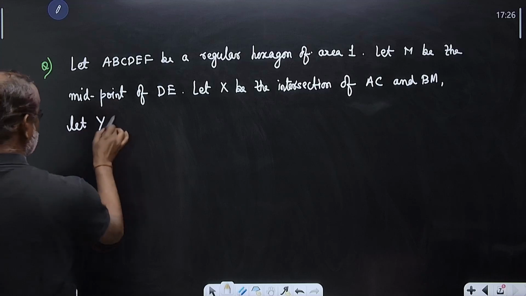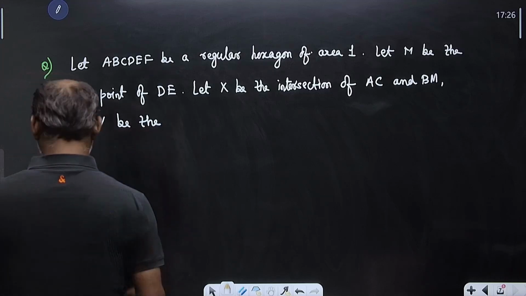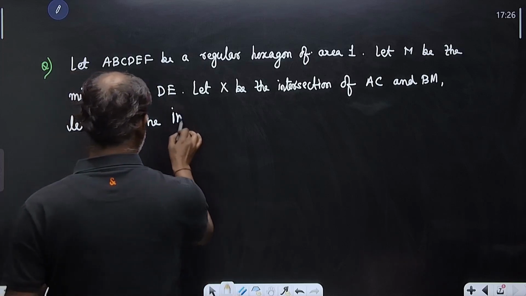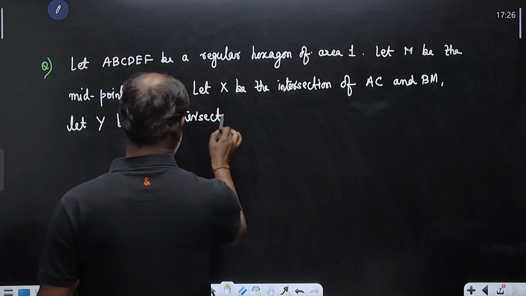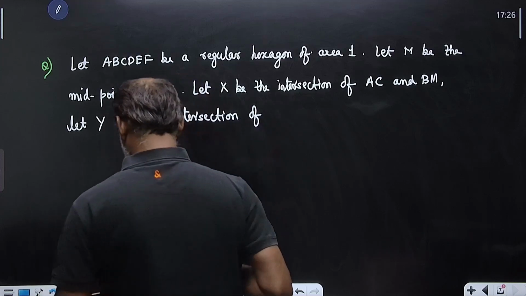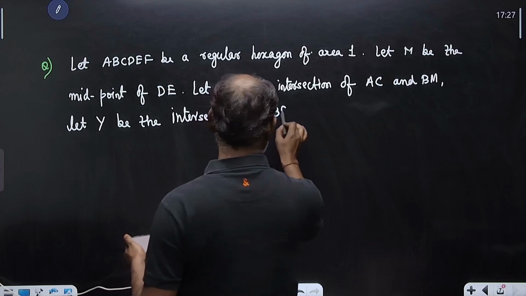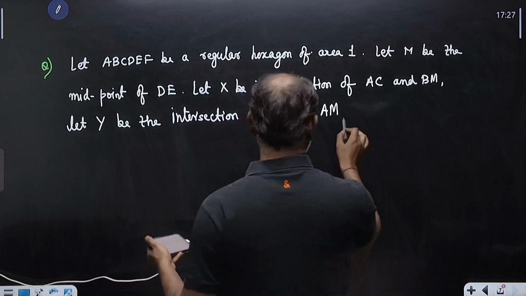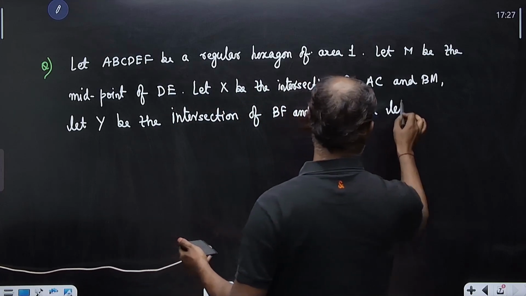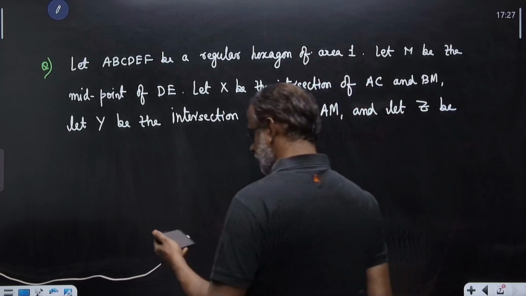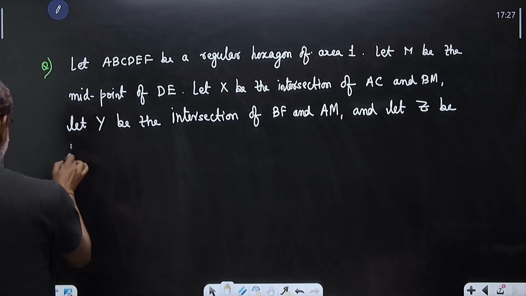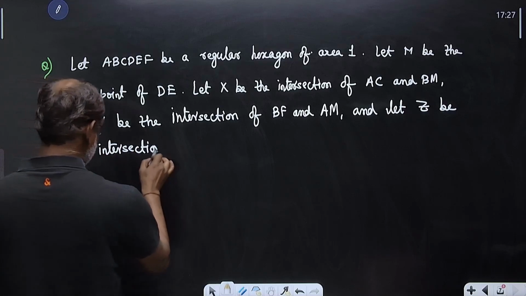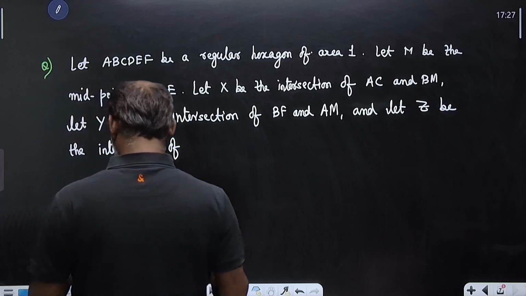Let Y be the intersection of BF and AM. And let Z be the intersection of AC and BF.